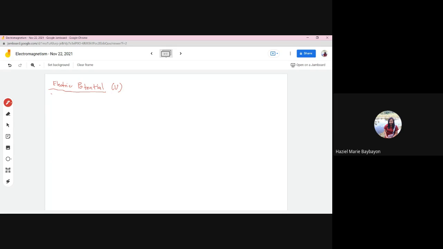So for example, if you are given a function and you are asked to determine if it is possible to be an electrostatic field, then you just have to get the curl of E. And then if it is zero, then it might be an electrostatic field. But if it is not zero, then it is impossible to be an electrostatic field.